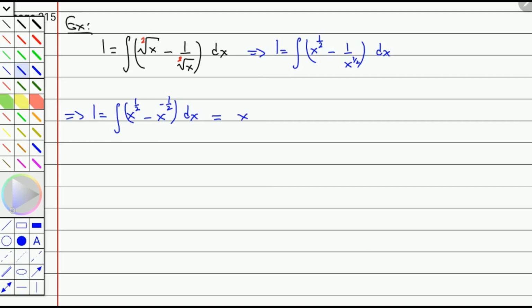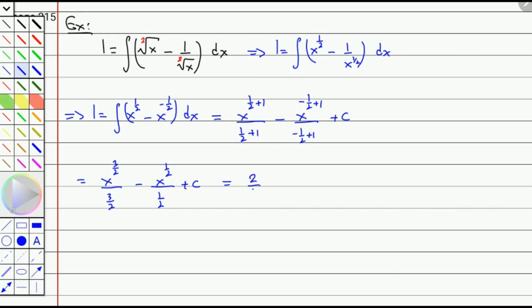Equals x to the 1/2 plus 1 divided by 1/2 plus 1 minus x to the negative 1/2 plus 1 divided by negative 1/2 plus 1 plus c. And let's do the operations now. Equals x to the 3/2 divided by 3/2 minus x to the 1/2 divided by 1/2 plus c. And now we can simplify these composite fractions.